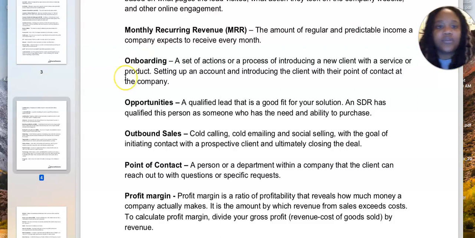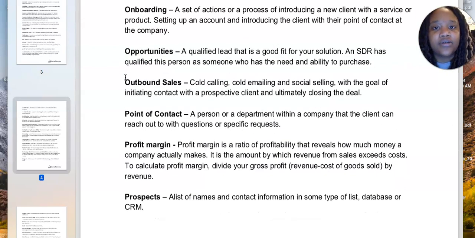That's that revenue. Next, we have onboarding. Onboarding is a set of actions or processes of introducing a new client to a service or product, setting up an account, and introducing the client to their point of contact at a company. So, for example, at the company that I work for, depending on what kind of hosting you get, will depend on how long your onboarding process would be.